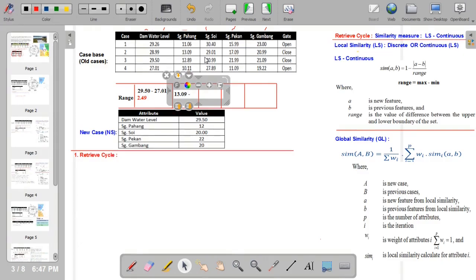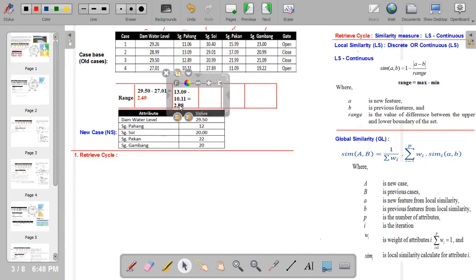Minus the minimum value. The minimum value is in case 4, which is 10.11, right? So it equals 2.98. Very smart in the math, and my students of my sections already know that. So this is for the second attribute.